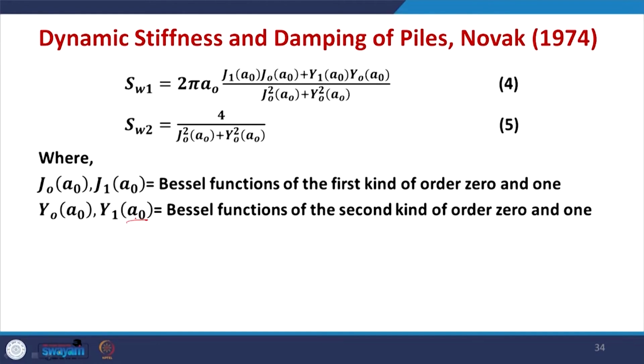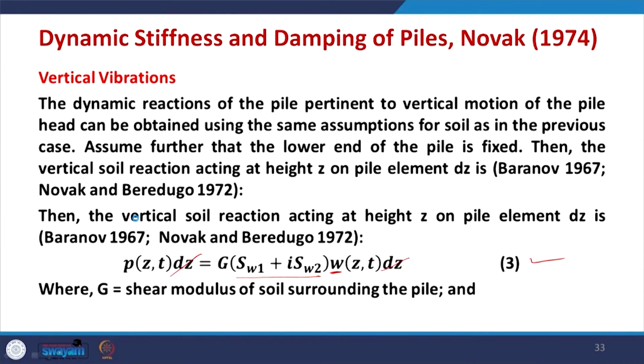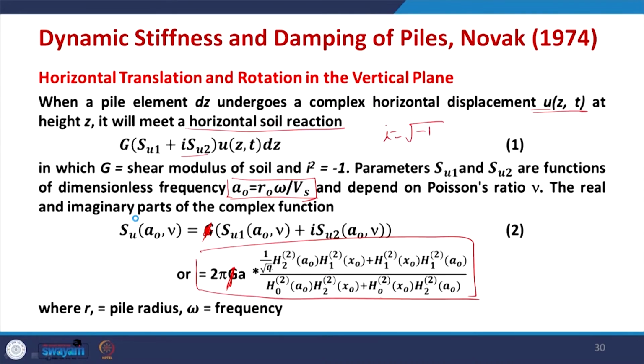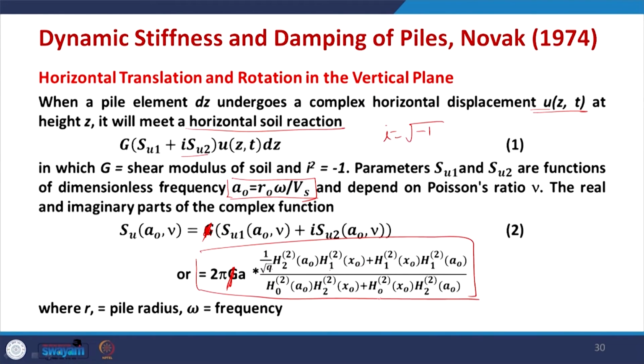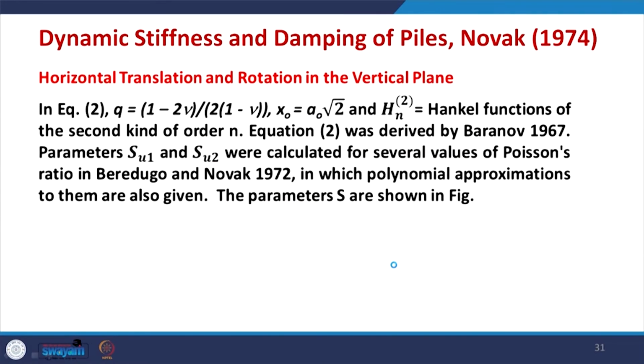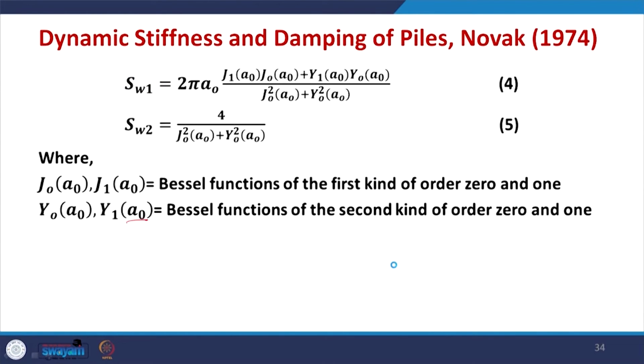Second thing, while finding the values of SU1 and SU2, you get Hankel functions, that is H0 and H1, in that equation, while for vertical vibration you get Bessel functions. So, Bessel functions are needed to calculate equations 4 and 5, while in the earlier equation Hankel functions were coming.